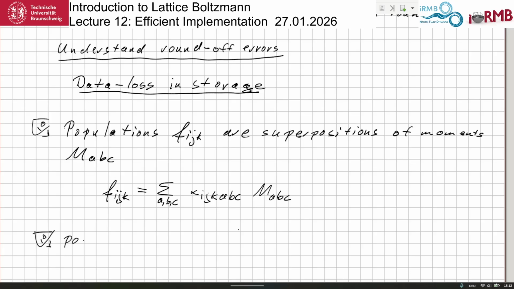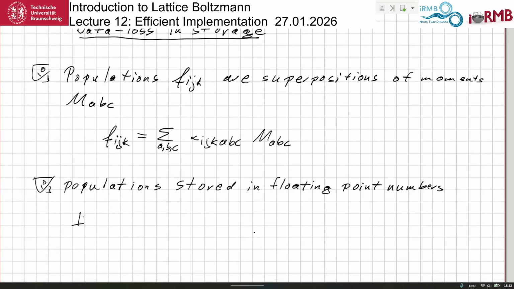So the populations get stored in terms of floating point numbers. And floating point numbers are, of course, not perfect. As an example, floating point numbers are not all the same, but let's stick to the usual ones. We have the standard IEEE 754, and this defines different floating point numbers, just as a demonstration.